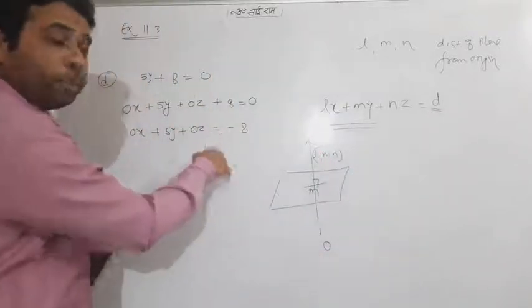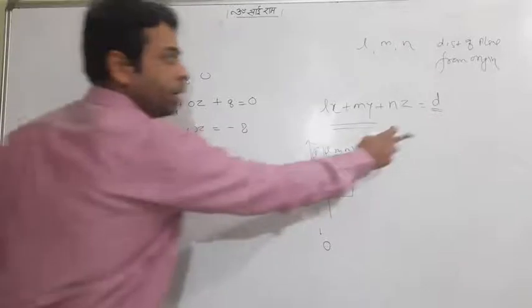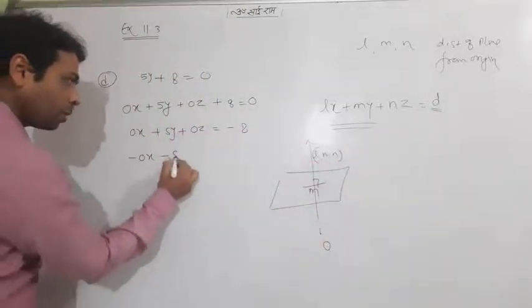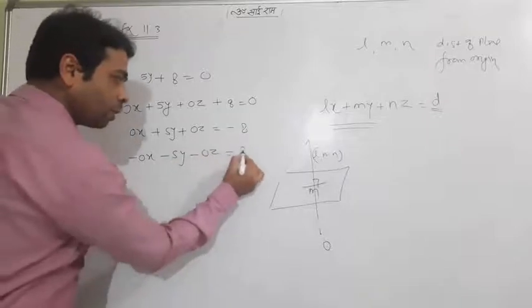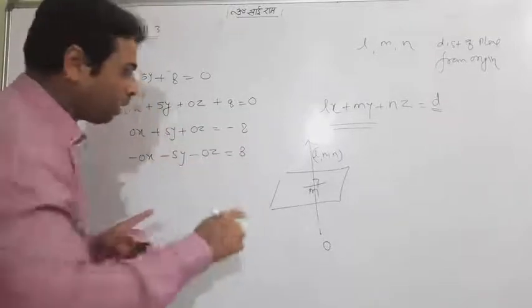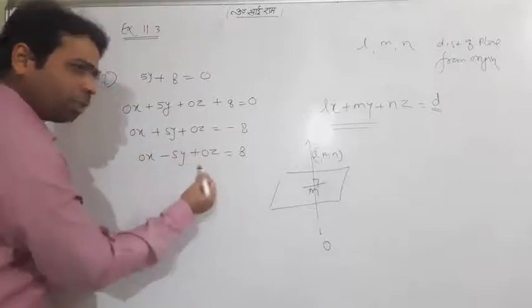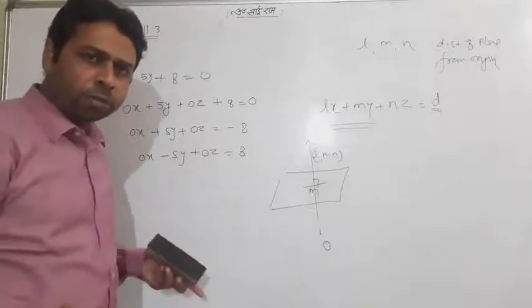So don't let it be minus. I transfer it in this way: 0x plus 5y plus 0z equals minus 8. There is no effect on the 0 terms, so we can write plus because it's 0.